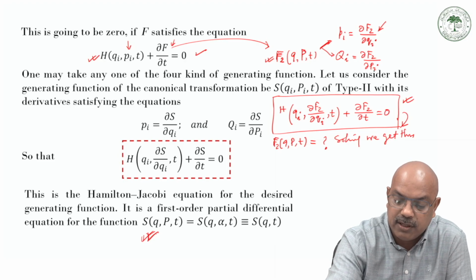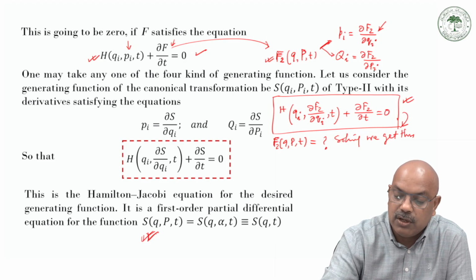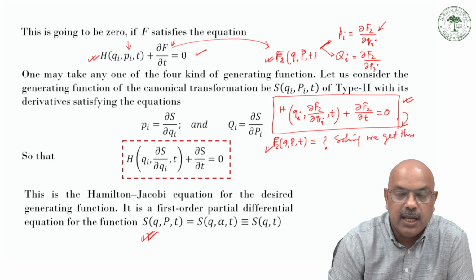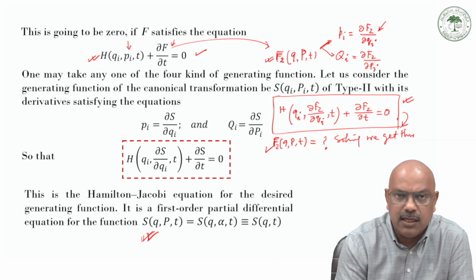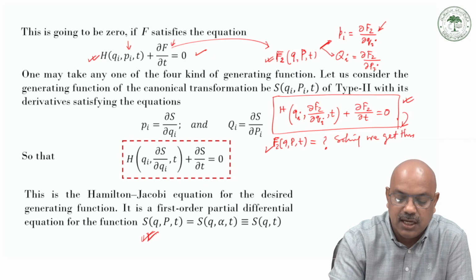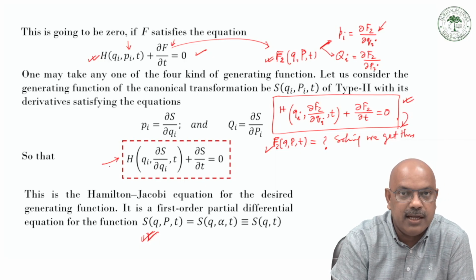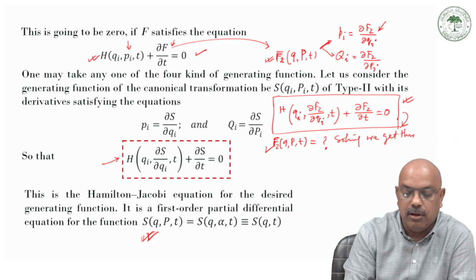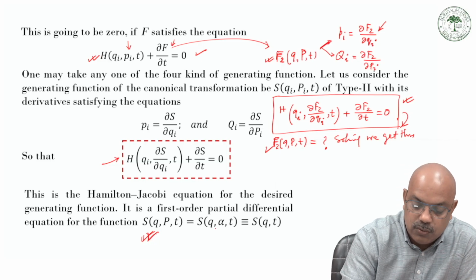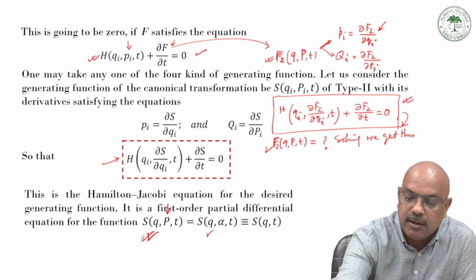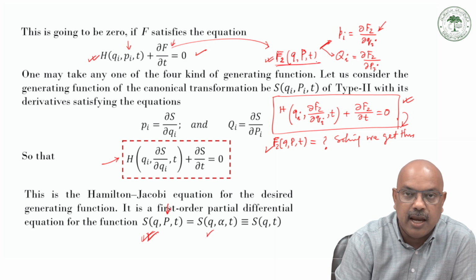When you solve it, you get the form of F2, which is going to be the generating function, defined as S in Hamilton-Jacobi theory. It depends upon q and capital P, because this is an F2 type.